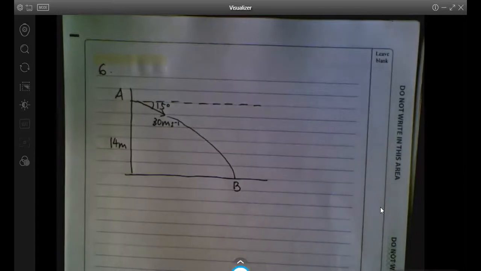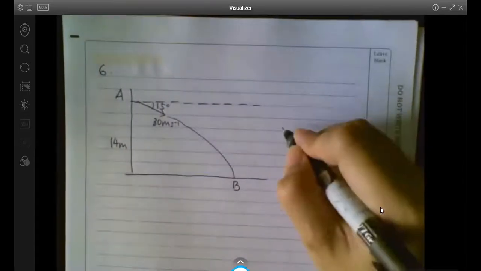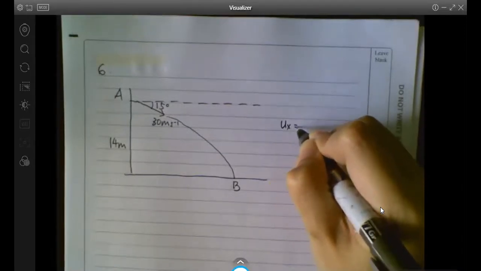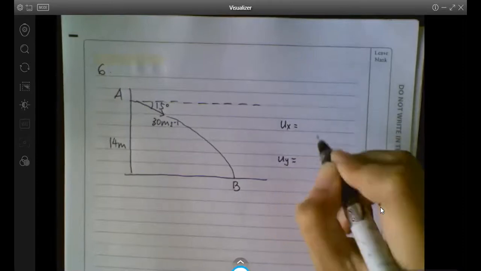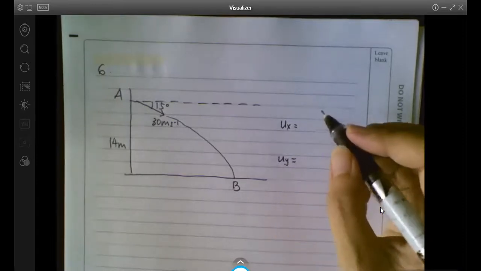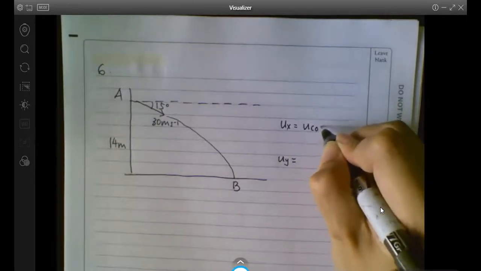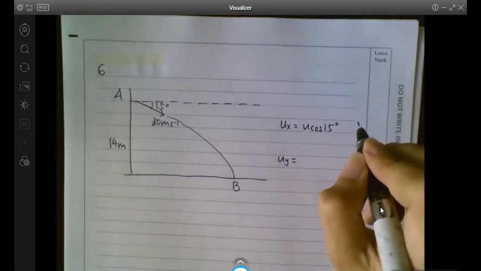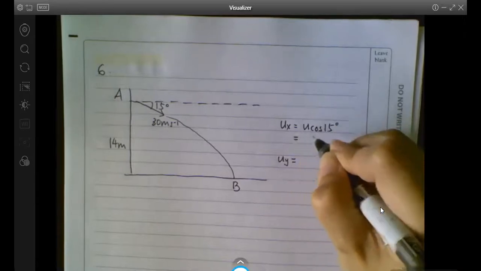So like last time, before you start to think too much about what you want to do, you can do some preparation. You write UX and you write down UY for use later. So UX is U cosine 15. And UY is, sorry, I should put in the 30.